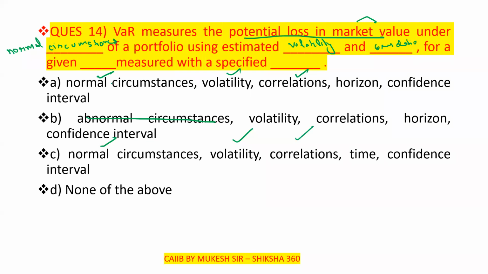For a given horizon, or time. So option number A is the correct answer. Measured with the specific confidence interval. Please remember all these points.